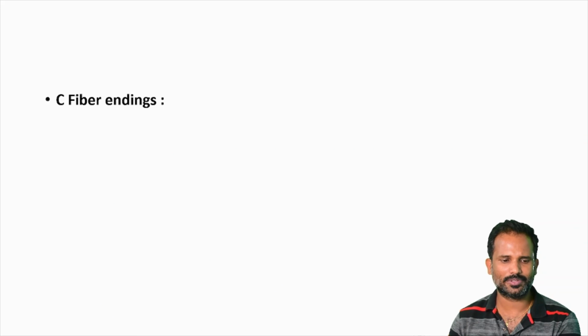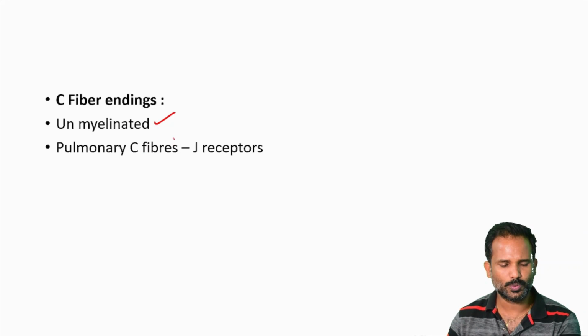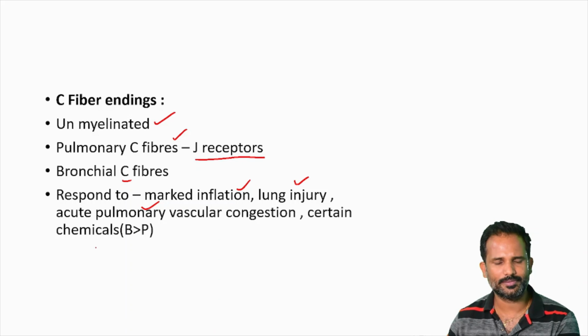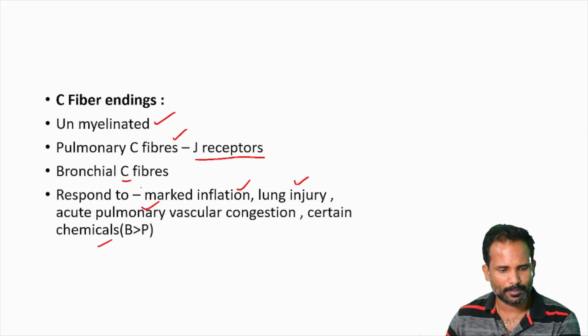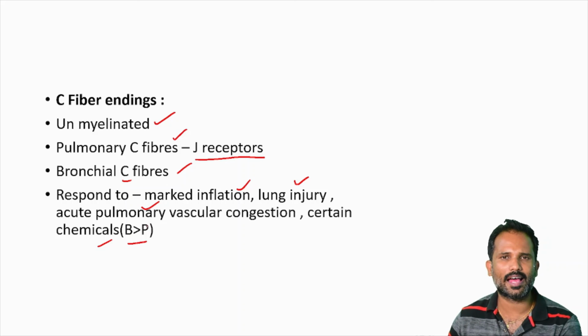Coming to the type C fibers, which are unmyelinated, there are two types: pulmonary C fibers, also called J receptors, and bronchial C fibers. They respond to stretch, that is inflation, injury to the lung, congestion, inflammation and chemicals. Bronchial C fibers are more responsive to chemicals than pulmonary C fibers.